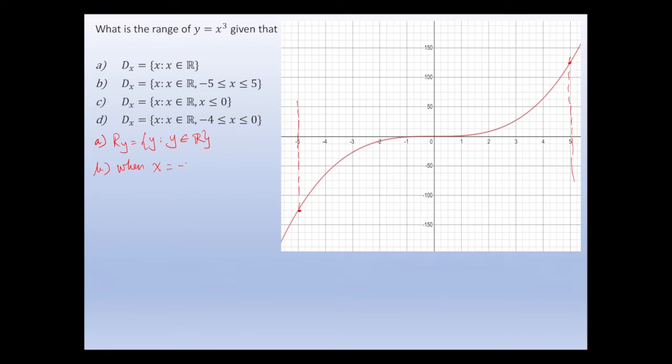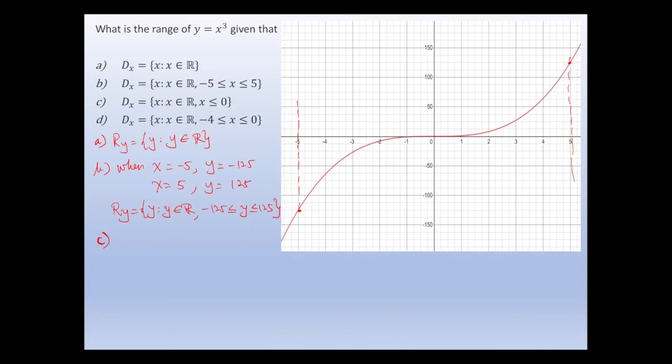So we're going to include this point here and this point here in the range. We know that when x is -5, y is -5 cubed, which is -125. And when x equals 5, y equals +125. Therefore, the range of y in this case is y is an element of the real numbers and is from -125 to 125.